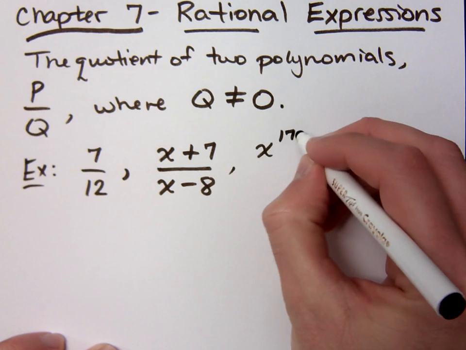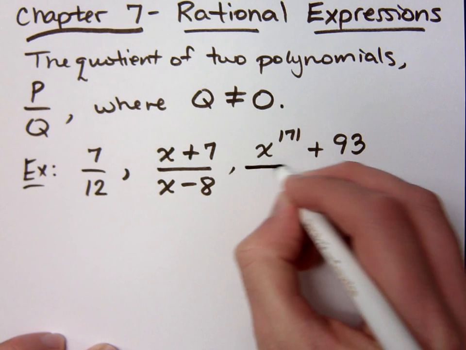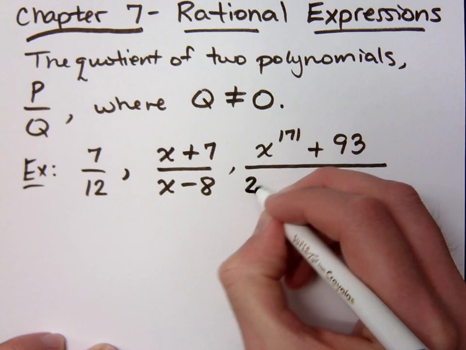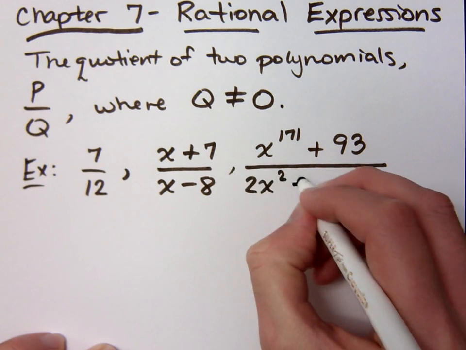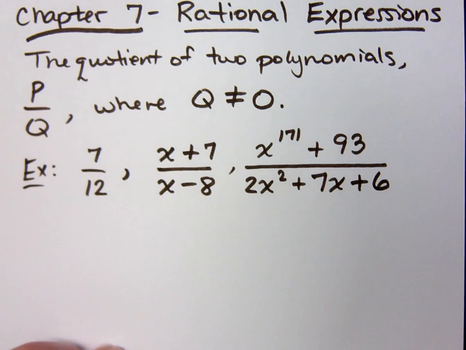I could even give you this monster. Yep. That's pretty disgusting, right? Yes. Now, these are just examples. They could get uglier, they could get nicer, but these are just a few examples of what it means to be a rational expression.